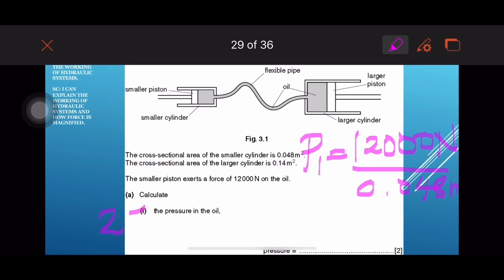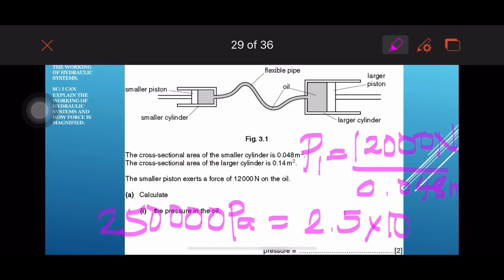So 250,000 pascals or newtons per meter squared. But we're going to write this in standard notation, so it's equal to 2.5 times 10 to the power of 5 pascals. Do not forget the SI unit. You'll lose marks for that if you forget it.